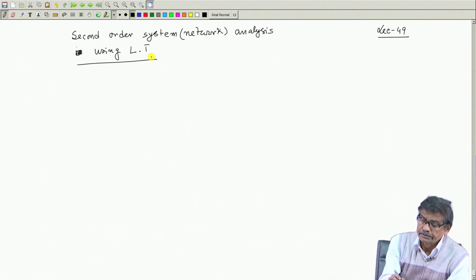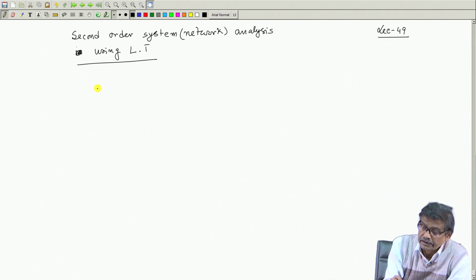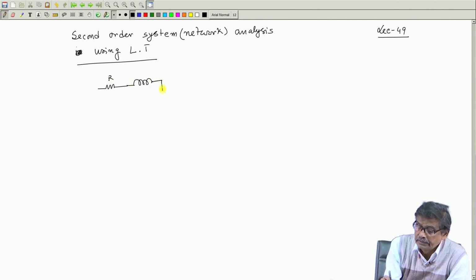So, a second order system in circuit analysis is like this: R, L and C. We have done this many a time, and this is the time domain circuit.